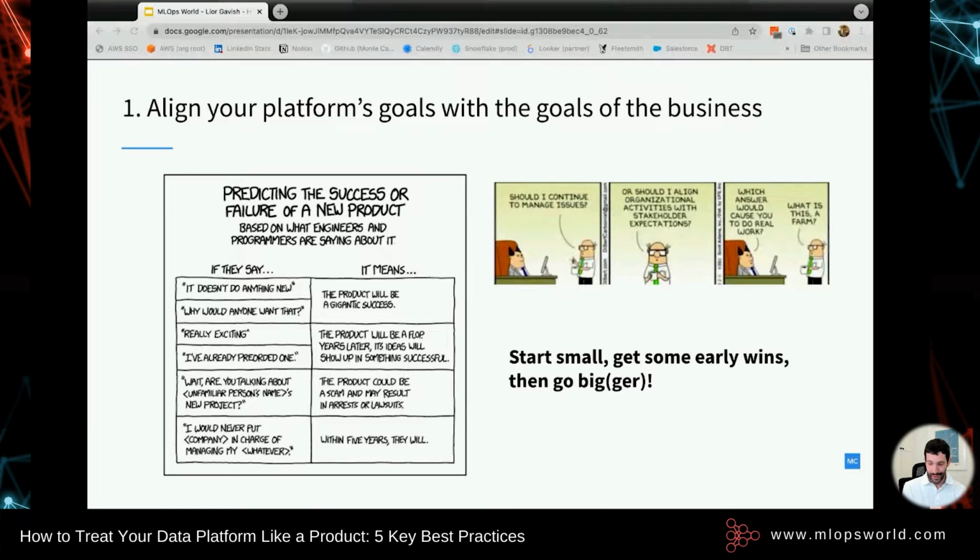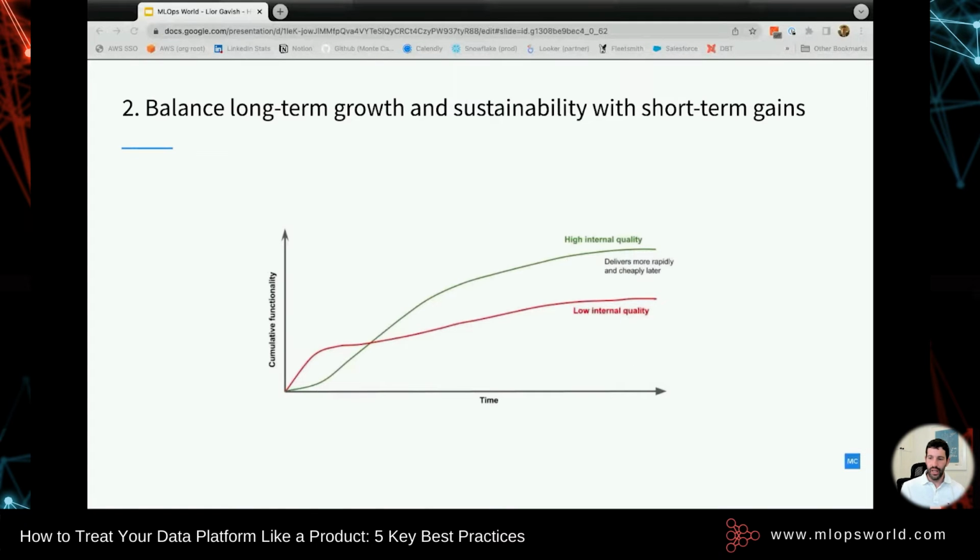So with that in mind, switch to learning number two, which is as a platform, you do need to balance the long term with the short term, right? On one hand, you always want to have success stories and adoption, right? If you adopt a certain tool, you want it to be immediately adopted.